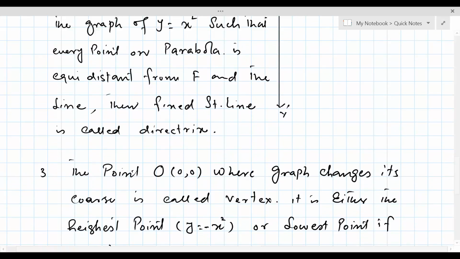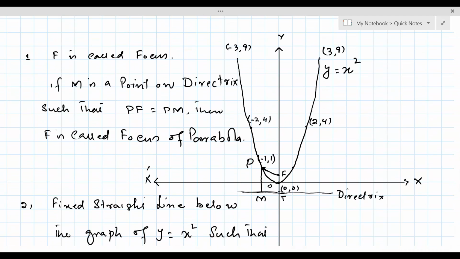If we take a look at the graph here, this line AB is the latus rectum. Let's name this A and this B. Its equation can be found as well, but we leave those things for later.